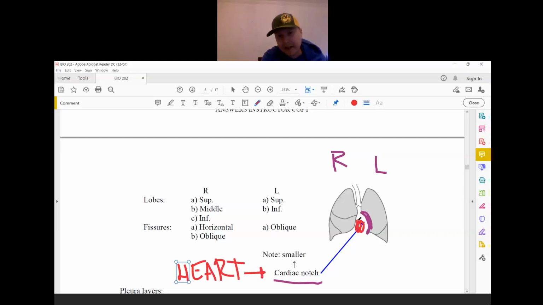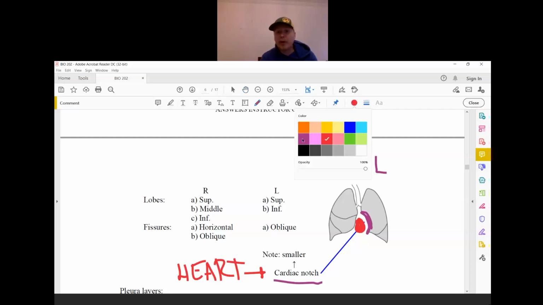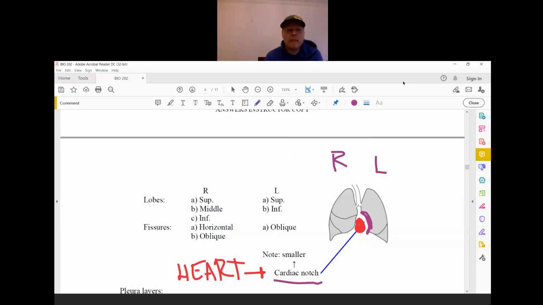So that's our heart taking some of that space. Because the left lung is smaller, we're going to see that it has fewer structures for us to learn, whereas the right lung being larger, there's more to learn.